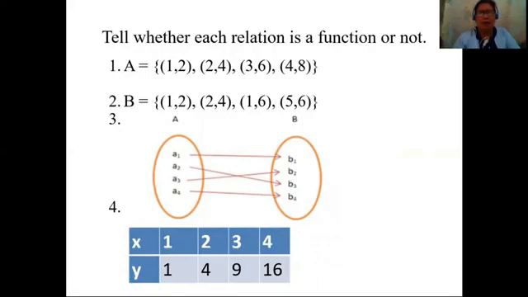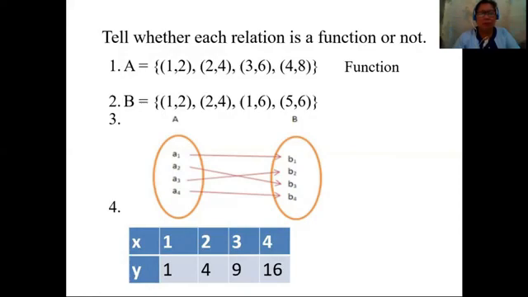How do you consider this relation? Is it a function or not a function? And the answer is a function. Because as you can see, no two ordered pairs have the same abscissa.